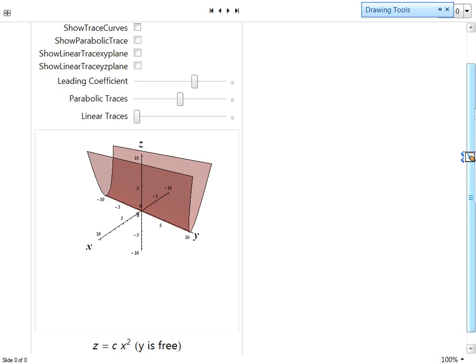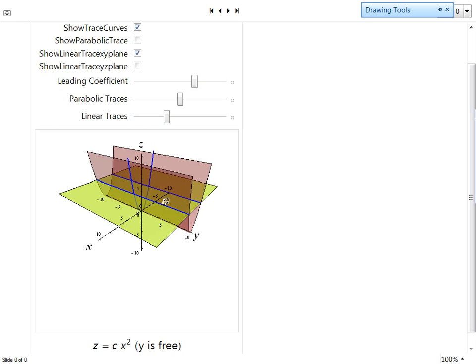Now, let's see the traces. If I cut this with the xy plane, what am I going to get? Imagine the xy plane coming up through this thing and cutting it. Lines. Here it comes. Okay, do you see it? Now I'm going to throw the traces in there so you can really see them. Do you see the blue lines?